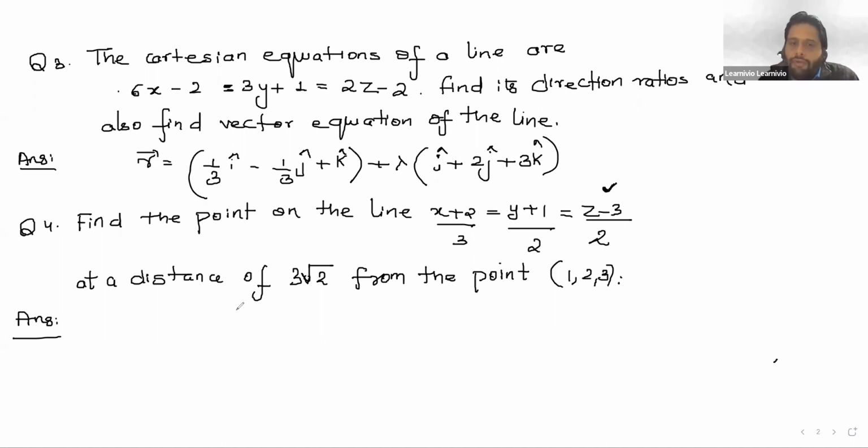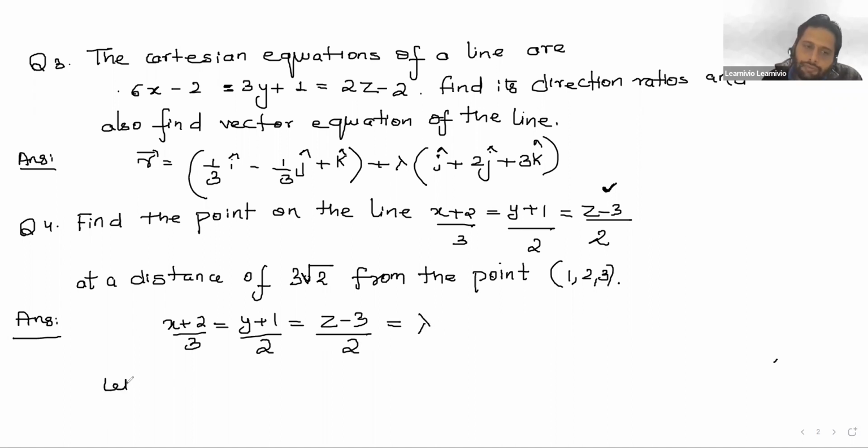Always remember, whenever you have to assume a point on a line, you will always do it in this way. Let the point be. First of all, we will write the equation of the line: (x plus 2) by 3 is equal to (y plus 1) by 2 is equal to (z minus 3) by 2, and we will compare this with lambda.